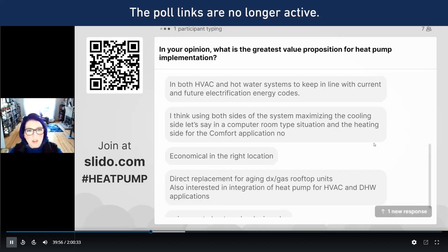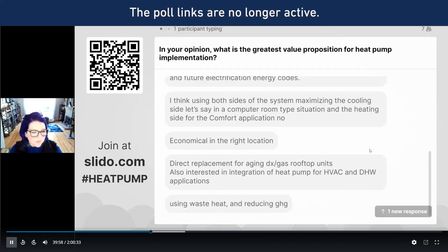Lester, do any of these jump out to you? Yeah, absolutely. I know when you were speaking of the heat pump systems years ago not being able to keep up, especially on the AC side, heating and cooling side, we dealt with that quite often.